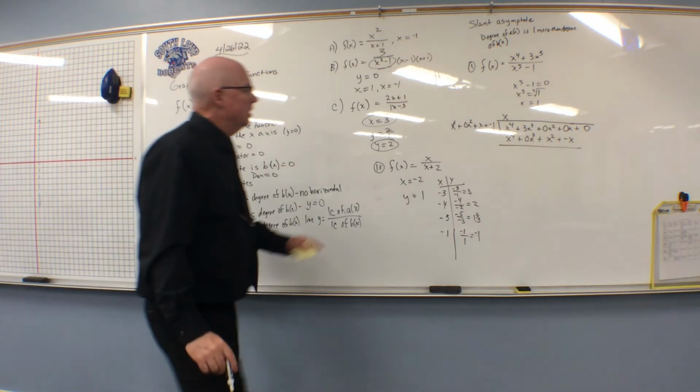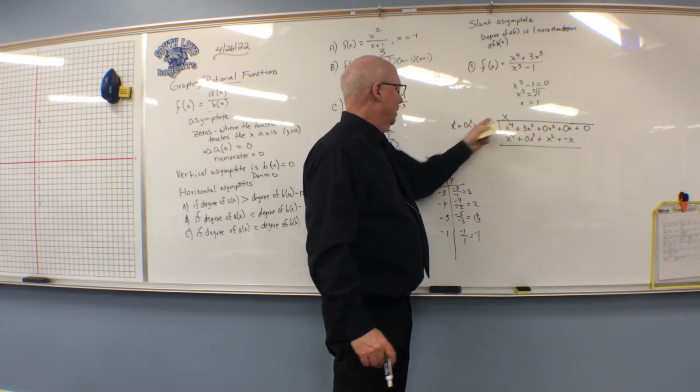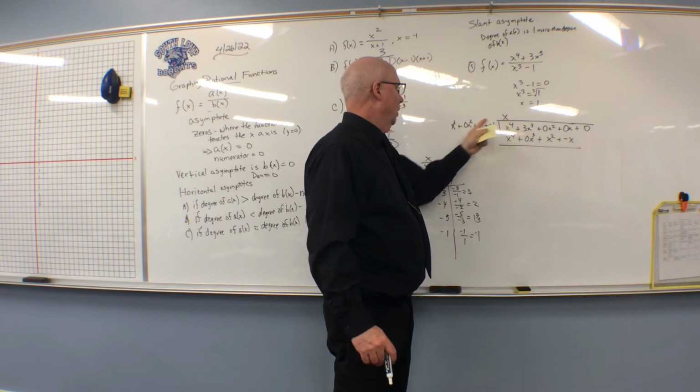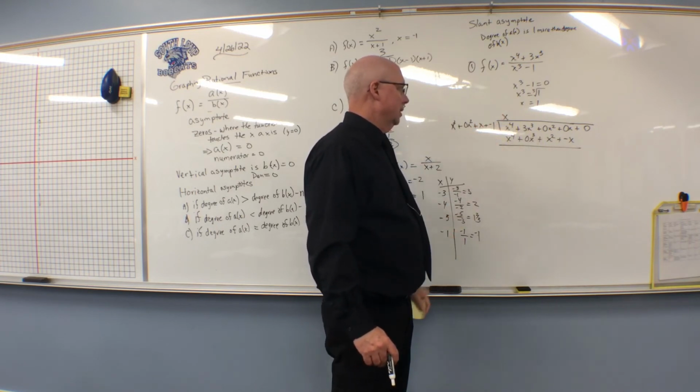What I did is I took this x and I took it times each one of these, so x to the fourth, 1 times 0 is 0, so 0x cubed. 1 times 1 is 1, so 1x squared, and then negative 1 times x is a negative x.